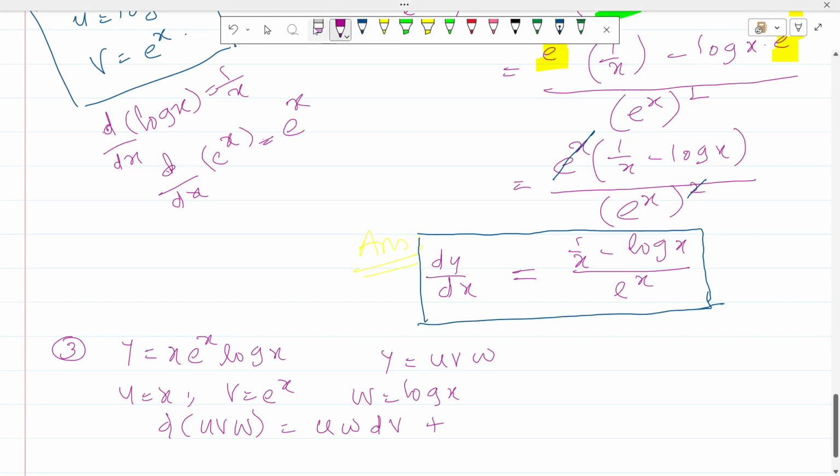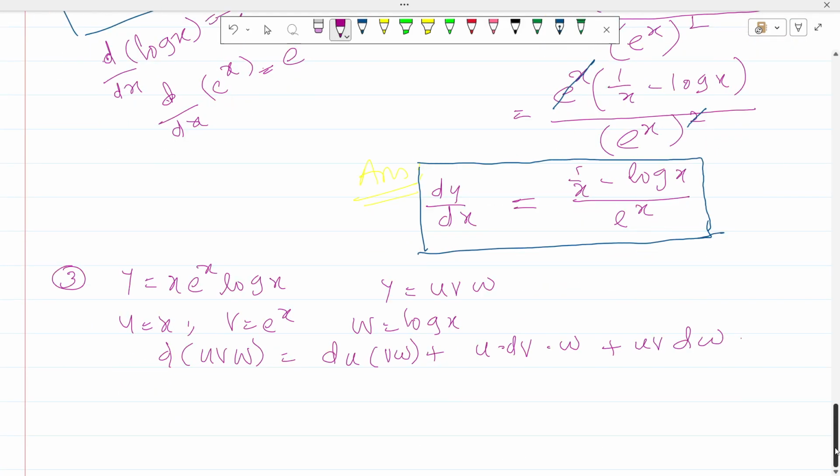Otherwise, one more option is there. First you differentiate u, then you differentiate v, then you differentiate w. That means du vw plus u dv w plus uv dw.